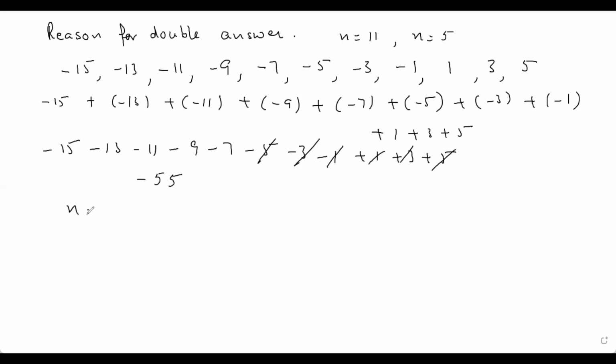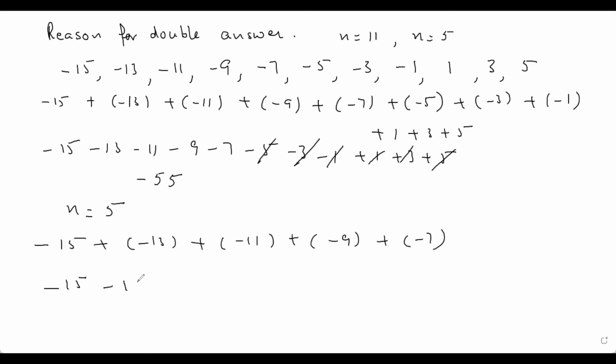If n is 5, then write 5 terms. That is minus 15, minus 13, minus 11, minus 9, minus 7. If you add them, it is again minus 55. So that is the reason for the double answer.